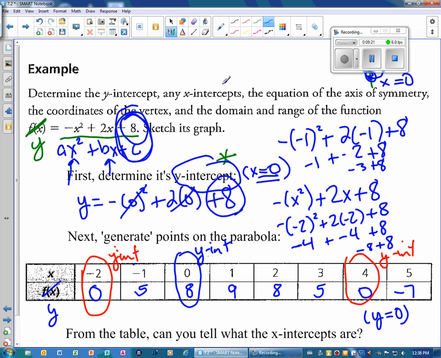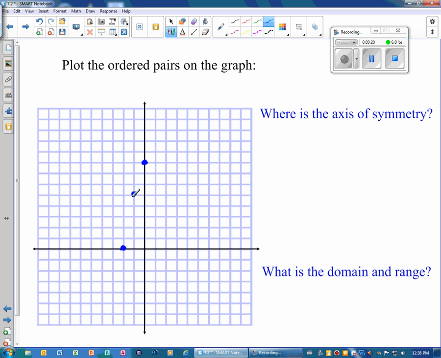Okay, so let's put that on our graph. So remember, negative 2 was 0, which is an x-intercept. You can tell right there. Negative 1 was 5. When x was 0, y was 8. When x is 1, I was up to 9.